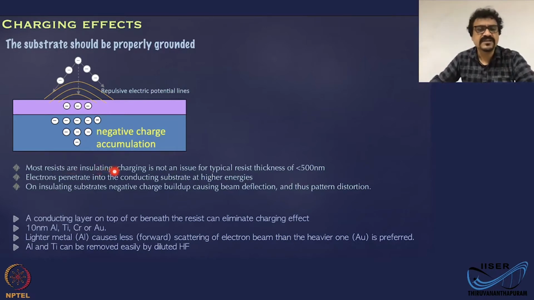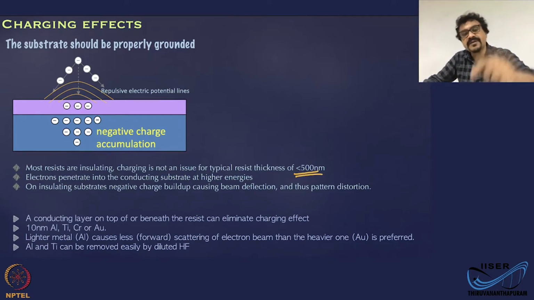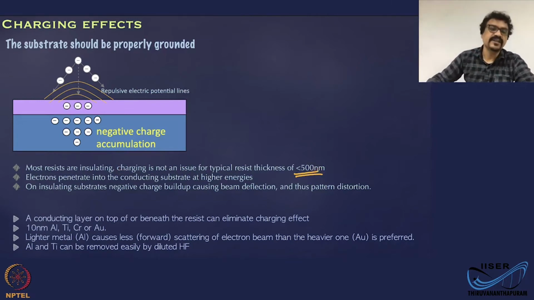They are polymers. But here, the thickness of the resist is really small, almost a few hundred nanometers. So the primary electron beam which falls on it will directly interact with the substrate, which is assumed to be conducting. So the charging effect is not a huge issue when you use a thin polymer.